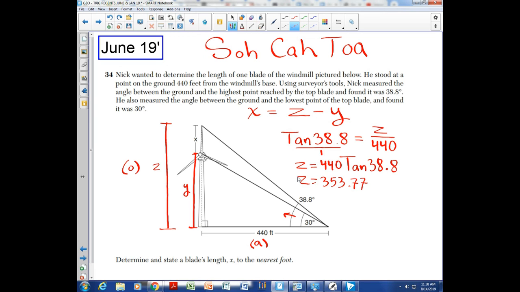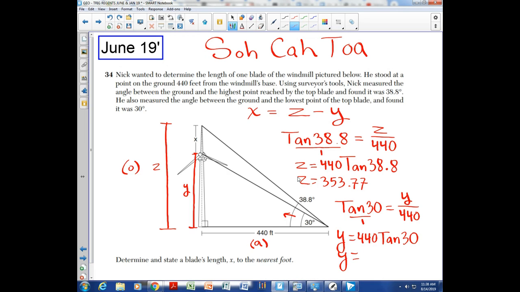Okay, now let's go on and find y. Now for y, we're going to use tangent once again of 30 degrees. And the tangent of 30 degrees is going to be my y, my opposite, over my adjacent, which is 440. Again, y is on top, so I'm going to do the simple cross multiplication and get y is equal to 440 tan 30.